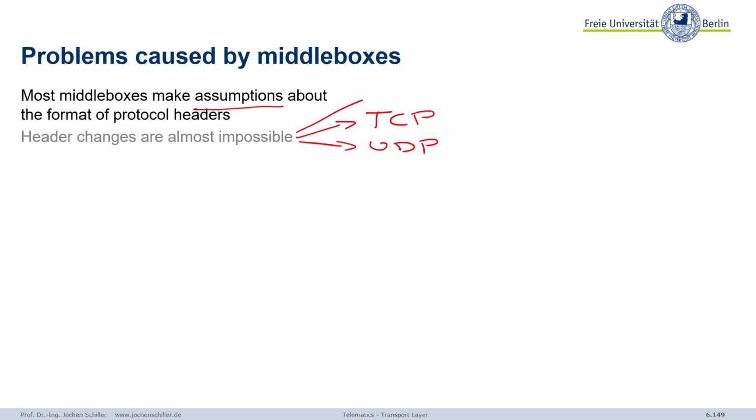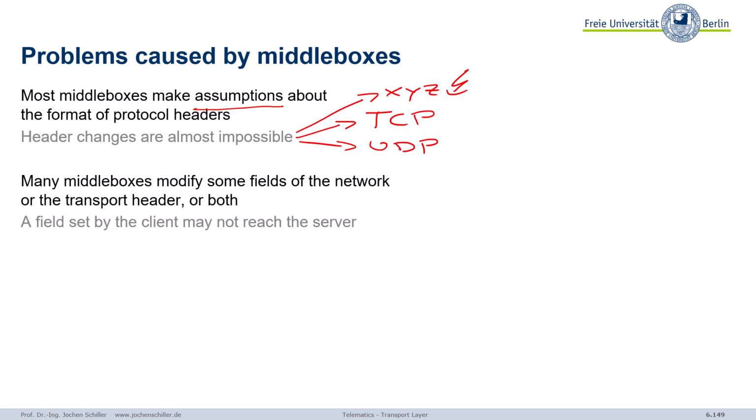And if you want to introduce your fancy fast protocol, it doesn't work. Because the middle boxes think, what's this? I'd rather drop the packet. I don't know, I cannot handle this, so I drop it. Although it's a valid IP packet, it's a different protocol inside, a different layer 4 protocol. So changes of the header are very difficult.